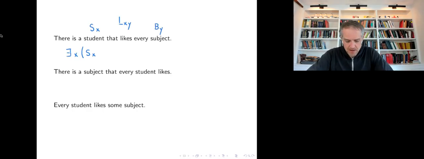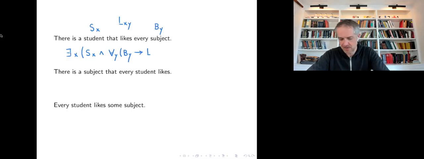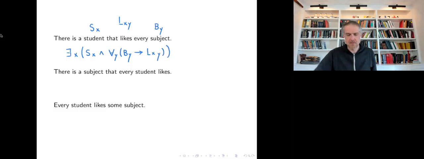Now what I want to say is there's a student such that that student likes every subject. So I paraphrase that as: for everything, if that thing is a subject, then that first X that we already named earlier in the sentence likes the second thing. So there is something that's a student, and for anything, if the second thing is a subject, then the first thing likes the second thing. There's a student that likes every subject.